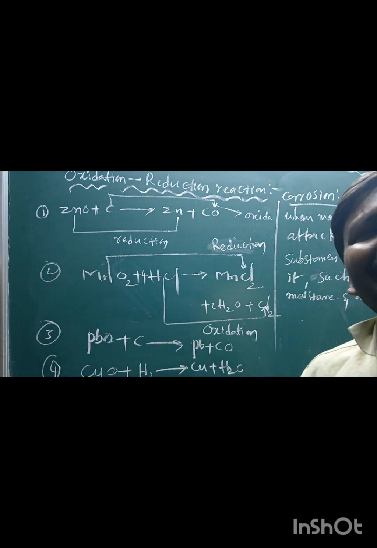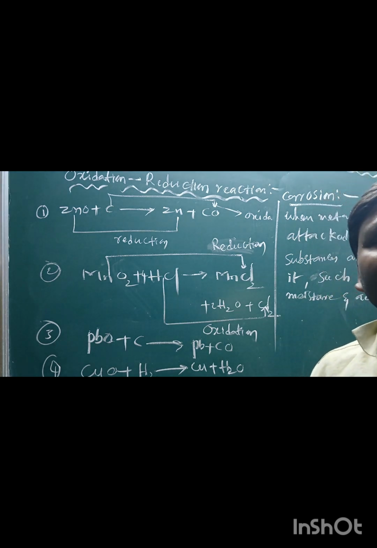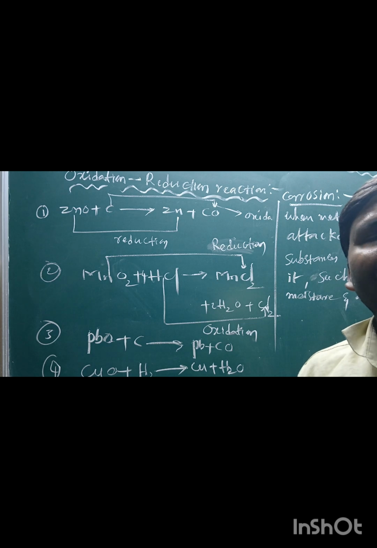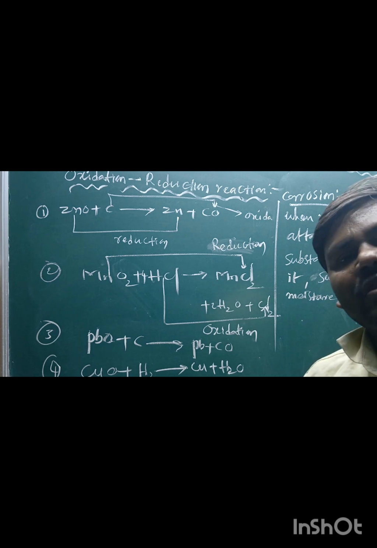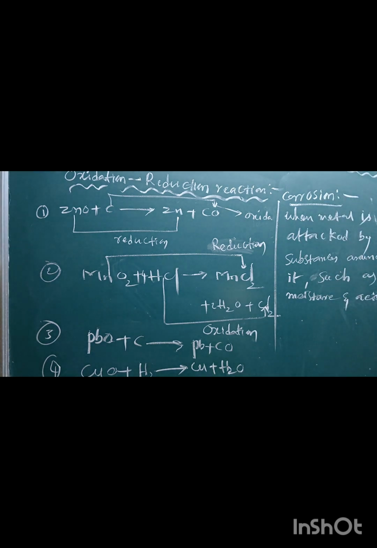One more definition: when a metal is exposed to moisture and chemicals to form the respective metal oxide on the surface of the metal, it is called corrosion.